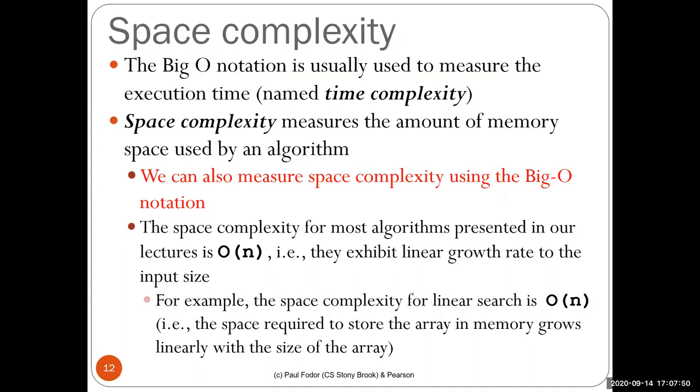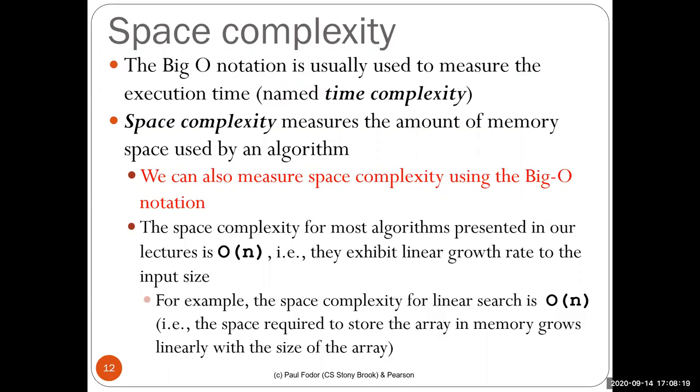So most algorithms that we are going to talk about are O of n in matters of space complexity. But there are also algorithms in which you experience a different growth, maybe quadratic in the size of the input, that you need space for storing the intermediate results or the final results that you are going to return.